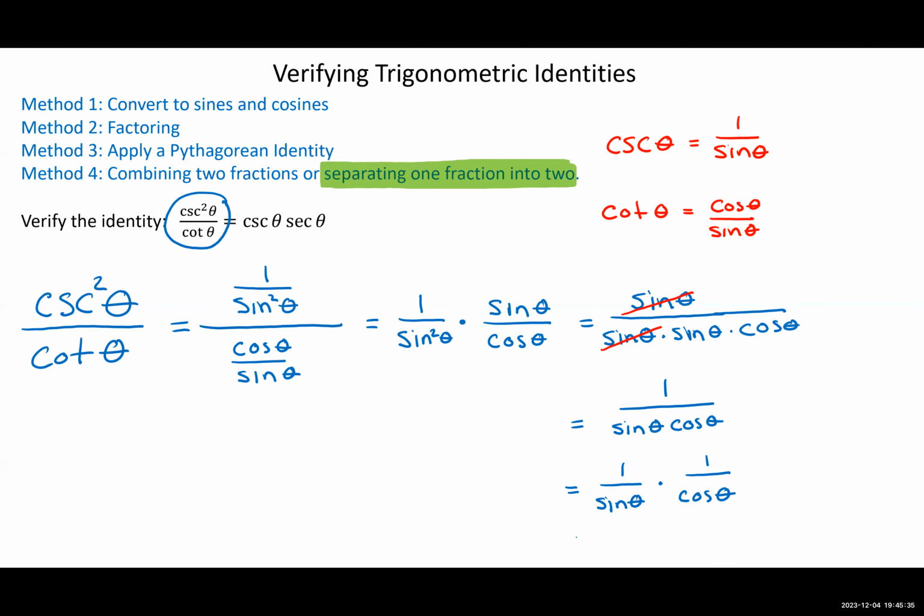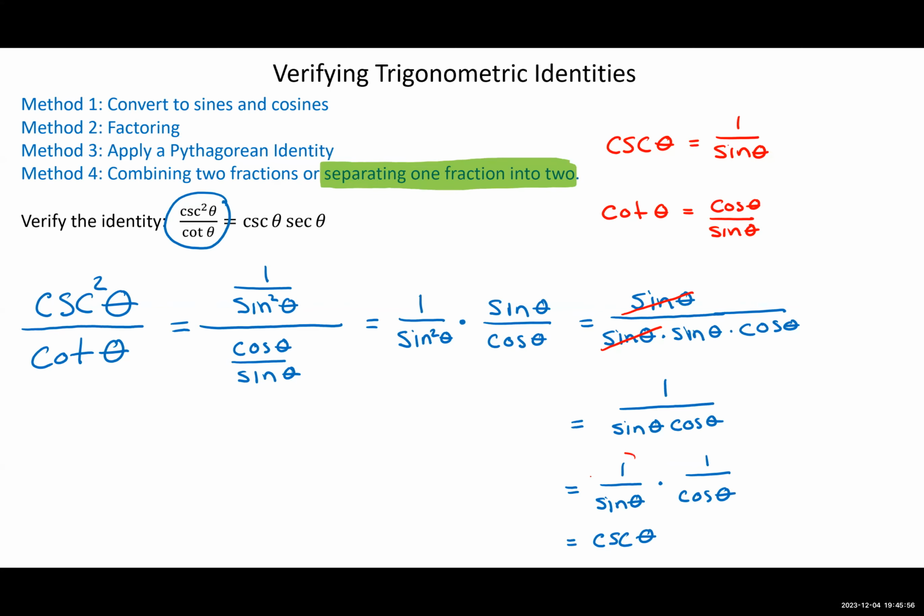Now let me see, there's a little bit of room down here. 1 over sine theta is equal to the cosecant of theta, and 1 over the cosine of theta is equal to exactly what we need, the secant of theta.